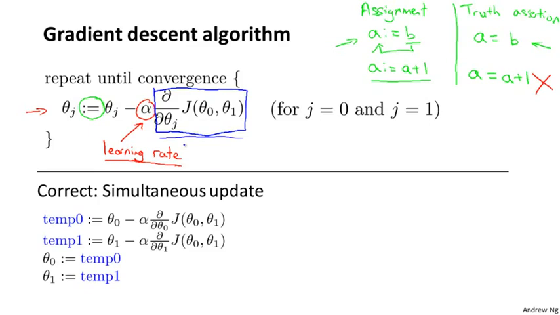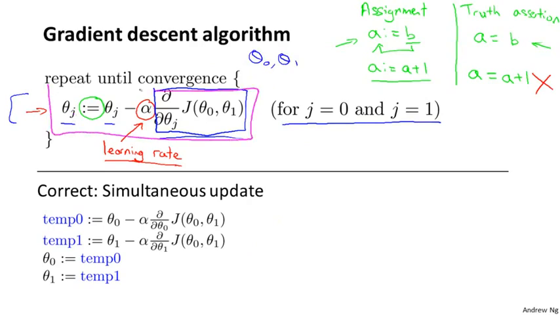Now, there's one more subtlety about gradient descent, which is that in gradient descent, we're going to update theta 0 and theta 1. So this update takes place for j equals 0 and j equals 1. You're going to update theta 0 and update theta 1. And the subtlety of how you implement gradient descent is that for this update equation, you want to simultaneously update theta 0 and theta 1.